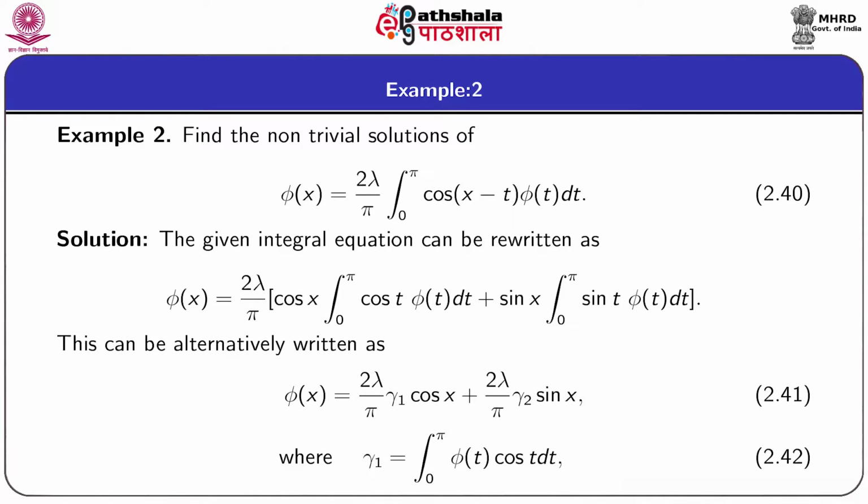If somehow we can know gamma 1 and gamma 2 as non-zero constants, then we will get non-trivial solution of the given integral equation 2.40.